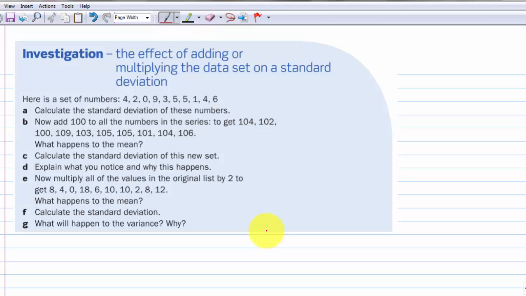What I want you to do is figure out what those things are. And similarly, what happens if we double all the data values? What happens to the mean? What happens to the standard deviation? So I want you to finish this section up by doing this investigation, and then go talk to your teacher and make sure that you're talking about this and understanding what differences happen as you add and multiply to your data set.